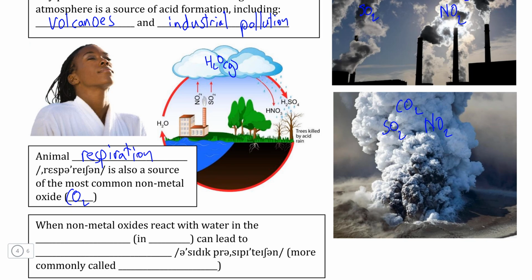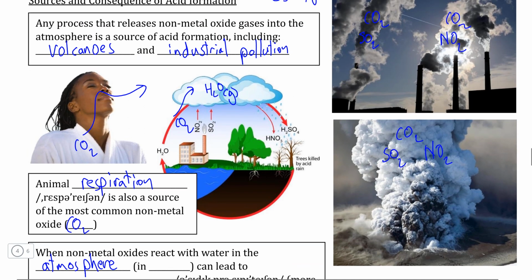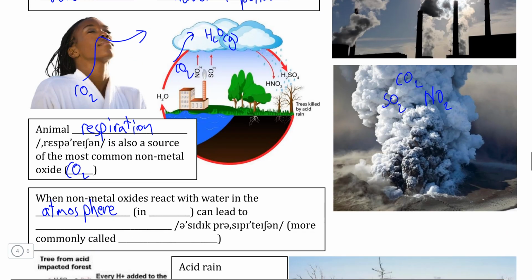So animals, including us, require a way to get rid of our carbon dioxide, because we produce this as a waste product of cellular respiration, which is our chemical reaction to produce energy. So of course we exhale it, and that carbon dioxide eventually is going to end up in the atmosphere along with all of the other non-metal oxides that have been released either from natural or artificial processes here.